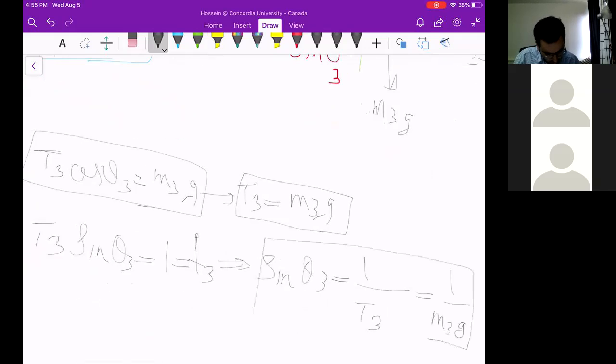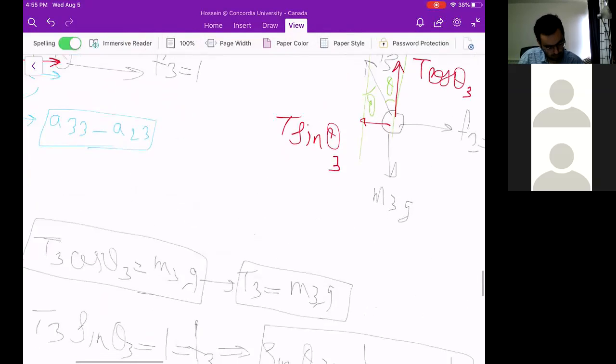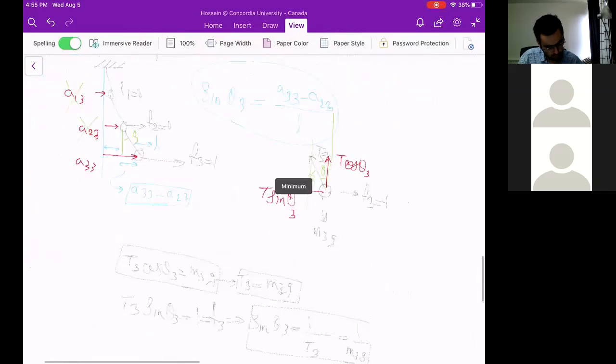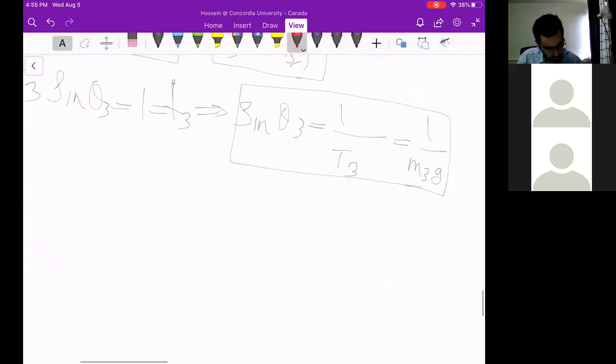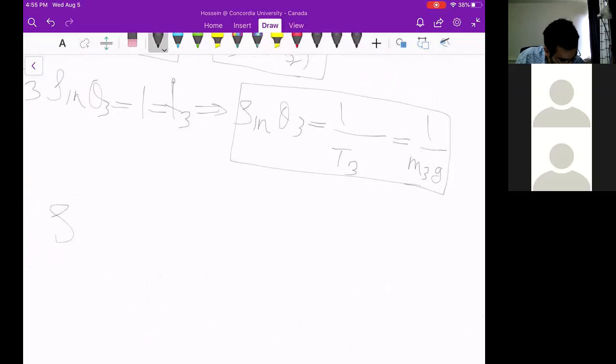As soon as you obtain sine of theta 3, you just plug in here. Sine of theta 3, A33 minus A23 over L, is equal to sine theta 3, which is 1 over m3g.